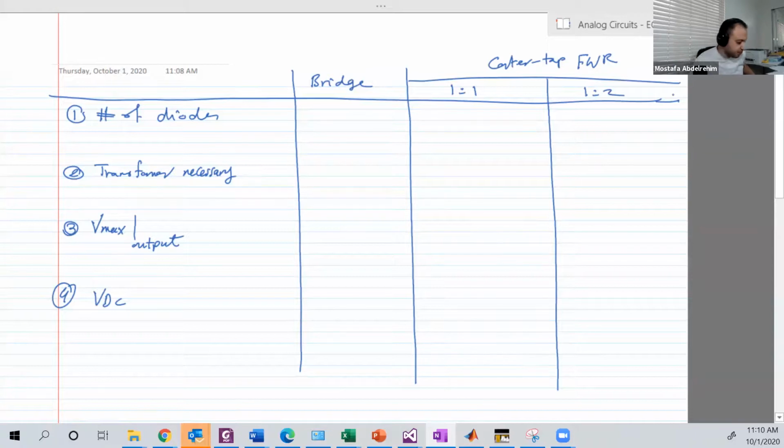For the bridge, we need 4 diodes. We need 2 here and 2 here, whatever the transformer. The number of diodes doesn't depend on the transformer ratio. Is a transformer necessary in the bridge? Maybe. It may be necessary, but it's not a requirement. We may need to step down the voltage.